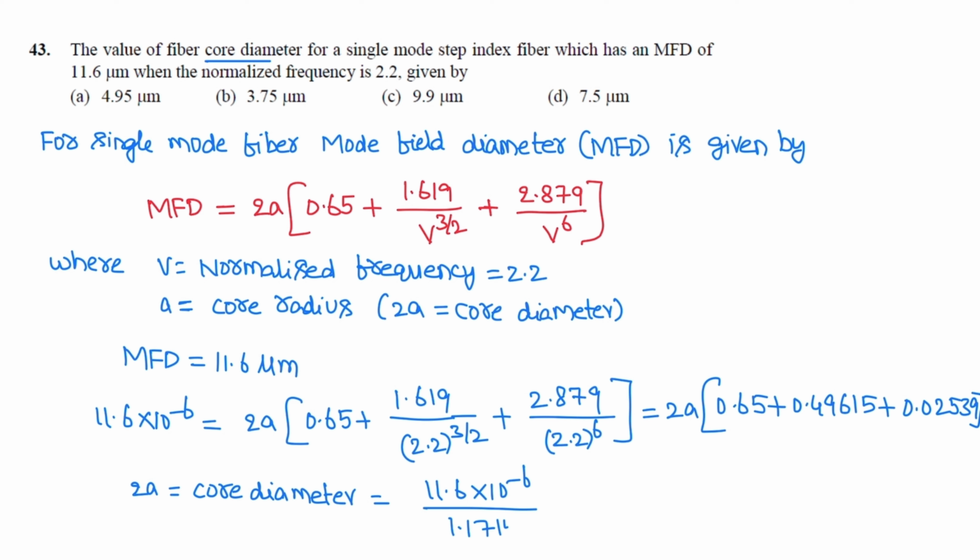So that is 9.90183 micrometer. So 9.9 micrometer. Correct option is C.